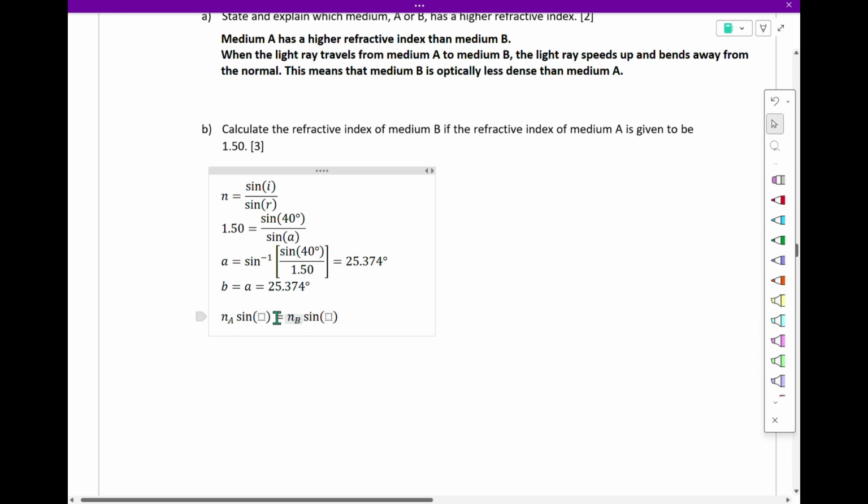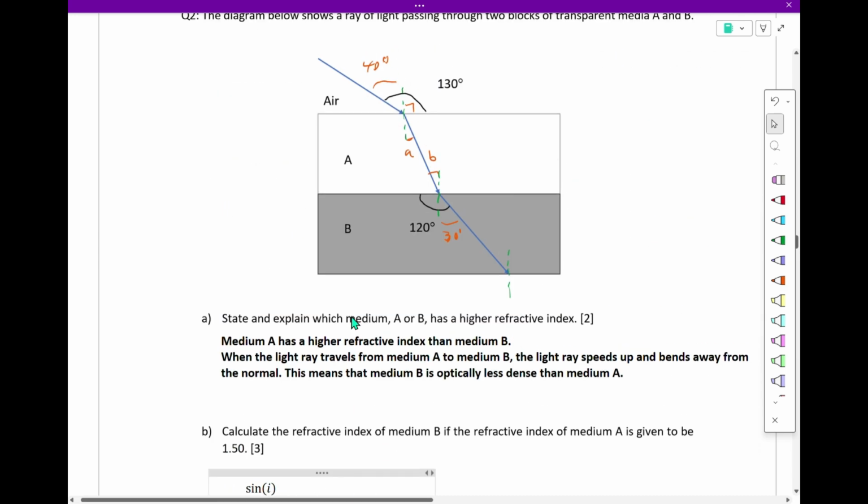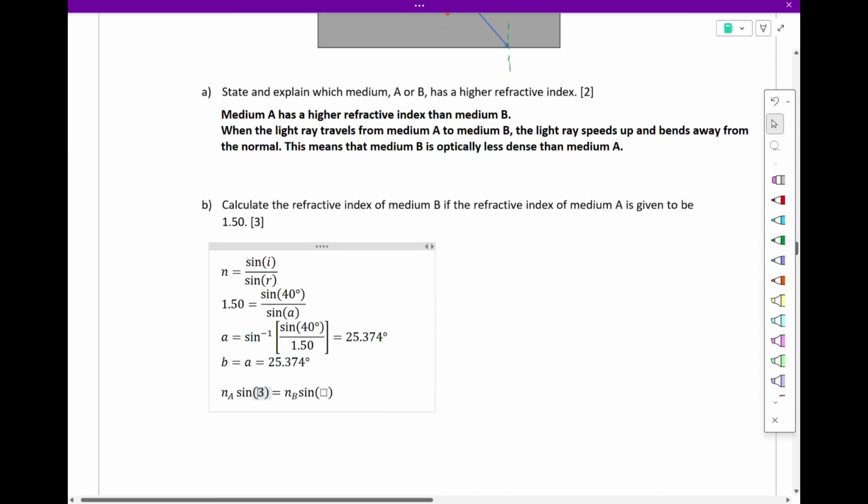Okay, I think I forgot to take them out. So if I'm not wrong, sine B is 25.374 and n of B is what we don't know. Okay, let me just write this properly. This should be i, this should be r.